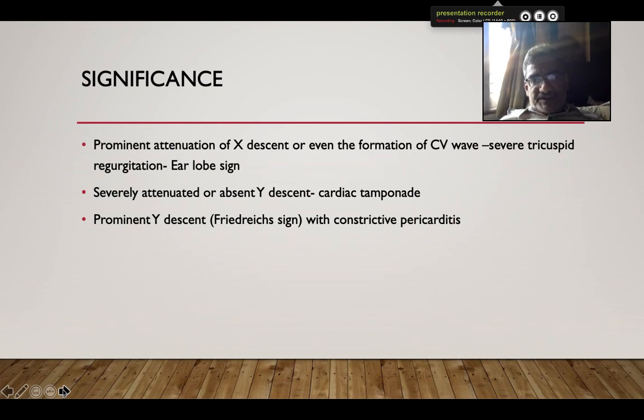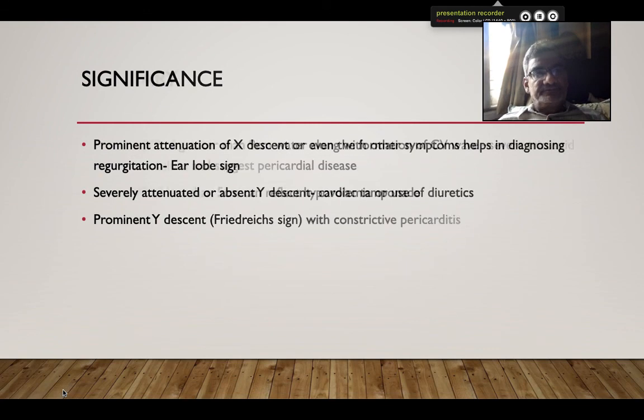It happens with severe tricuspid regurgitation and you get what is known as the wobbling of the earlobe sign. Attenuation or absent Y descent occurs in cardiac tamponade, and prominent Y descent or what is known as the Friedreich sign occurs with constrictive pericarditis.